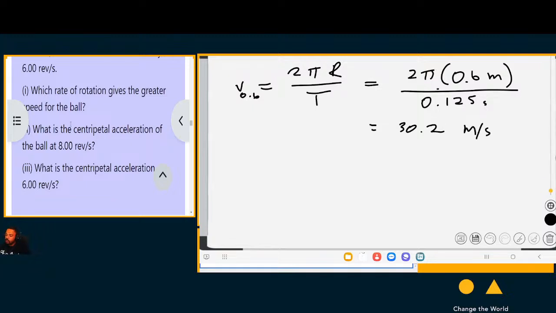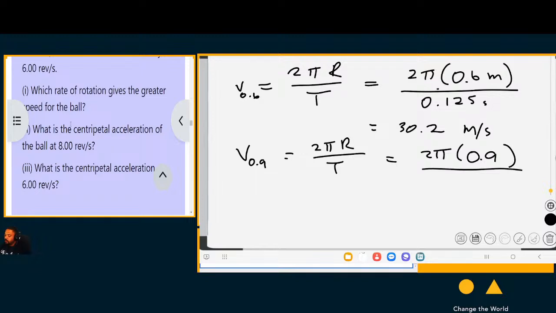That's how fast the first ball is moving. Let's look at the second one at 0.9 meters. The exact same calculation, 2 pi r over the time. We know that 2 pi is constant. The radius is now 0.9. It's longer.